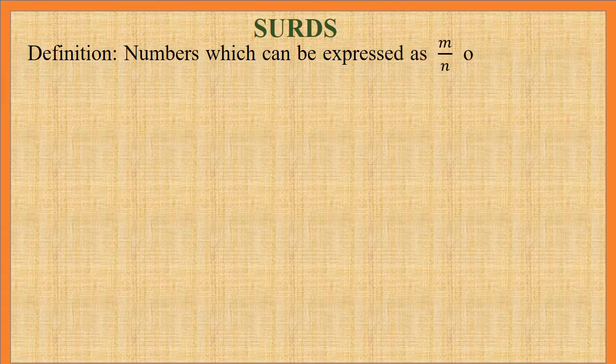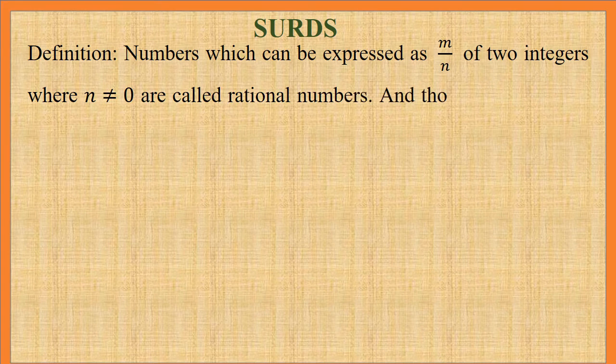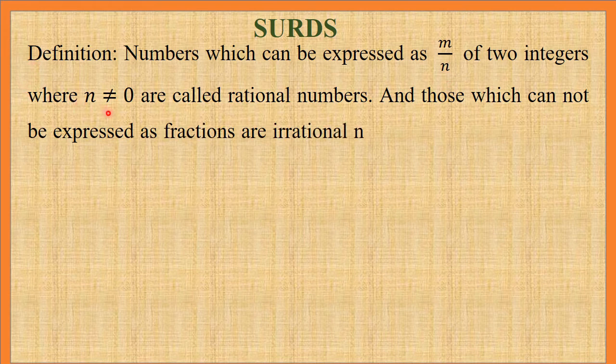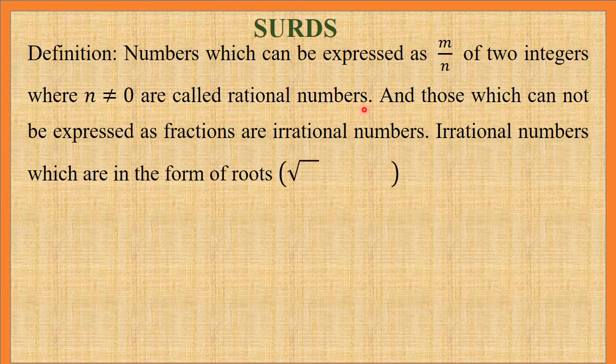We learned that when numbers can be expressed as common fractions of any two integers, such as m over n, where n is not equal to 0, these are called rational numbers. And those which cannot be expressed as common fractions are irrational numbers.